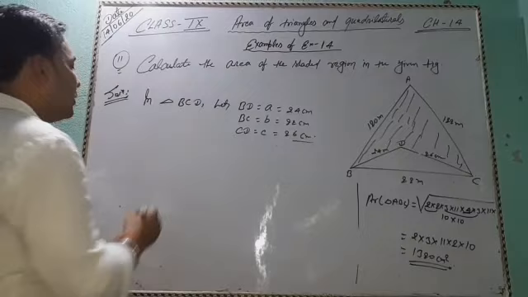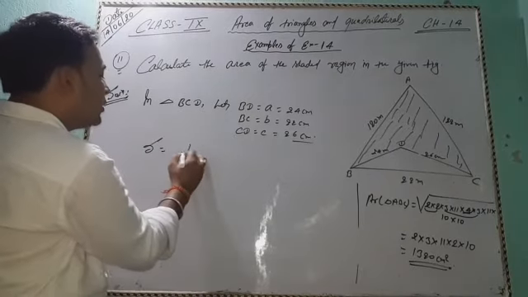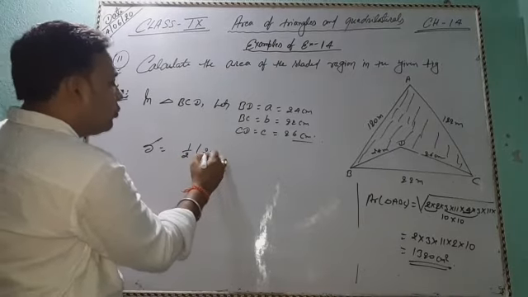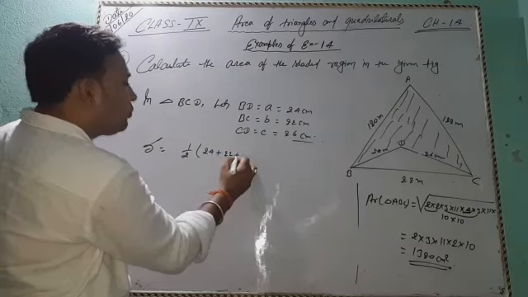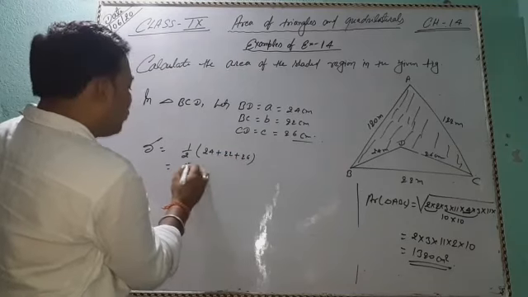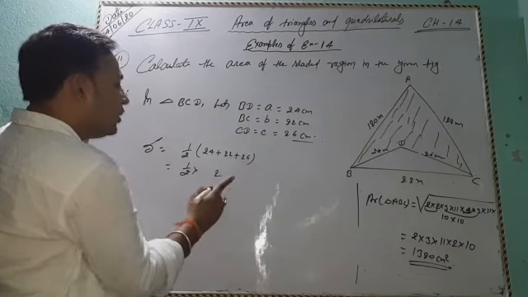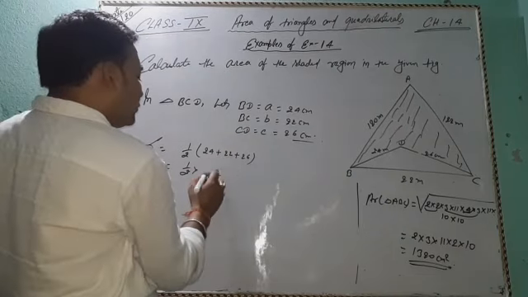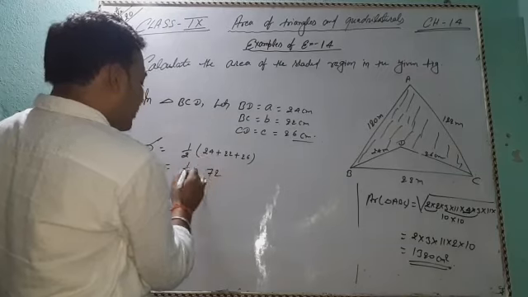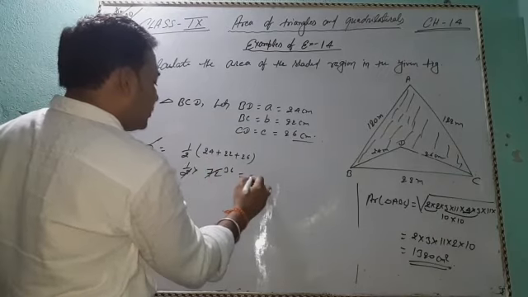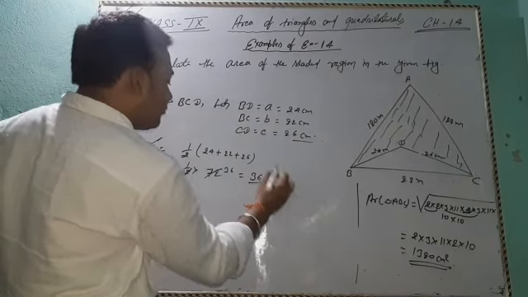Okay, so first of all we find the semi perimeter, 1 by 2 into 24 plus 22 plus 26, which is 36. My semi perimeter is 36 centimeter.